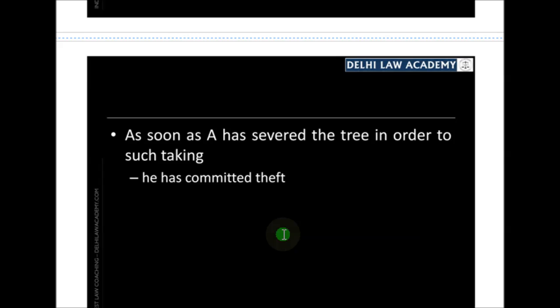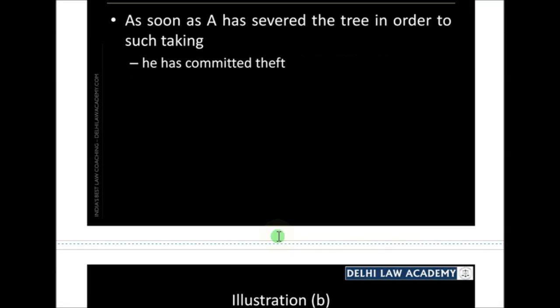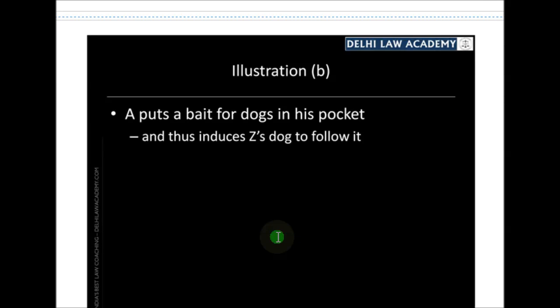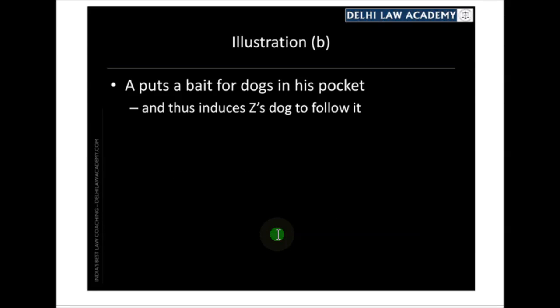Therefore, if the question involves these types of facts, then our answer should be that even though the tree has not been actually taken out of the field, the mere act of cutting that tree amounts to theft. In the second illustration, we see these facts.